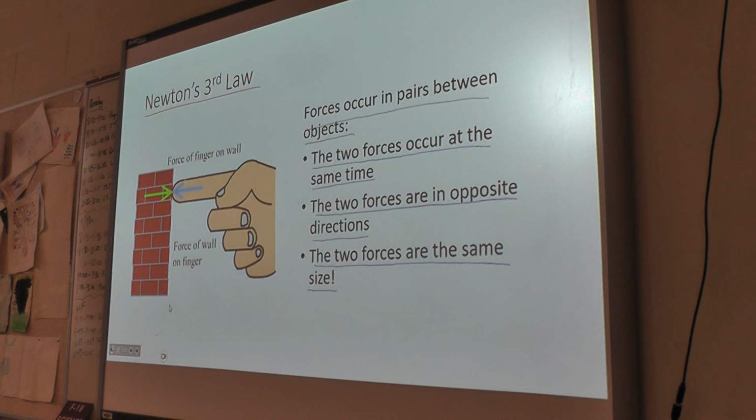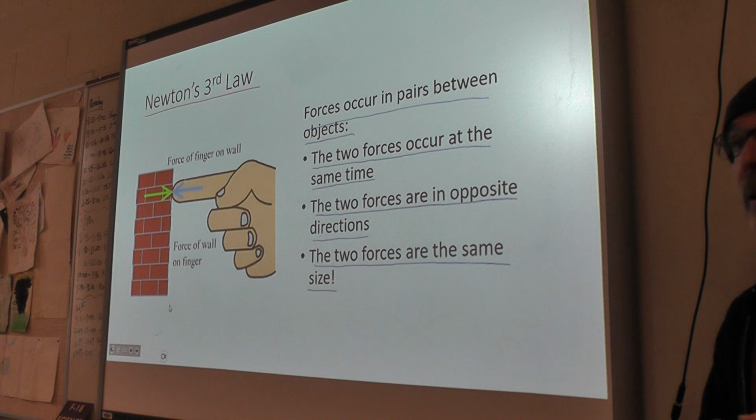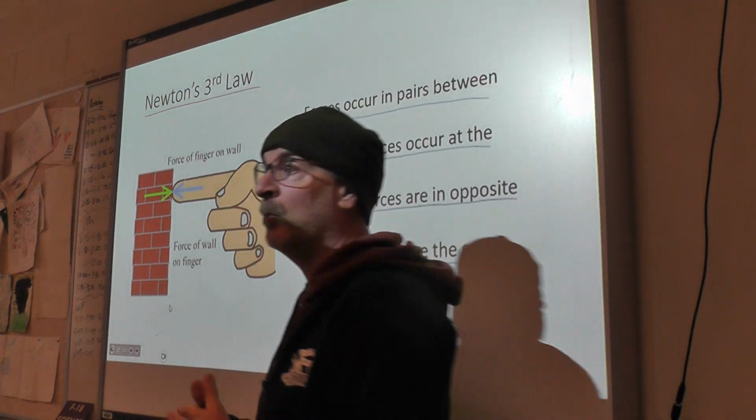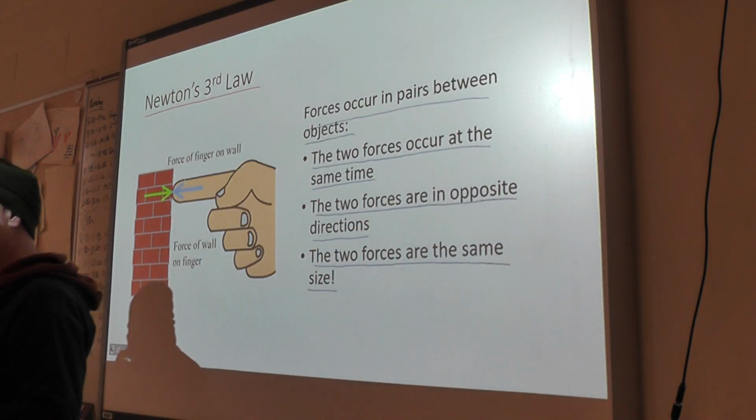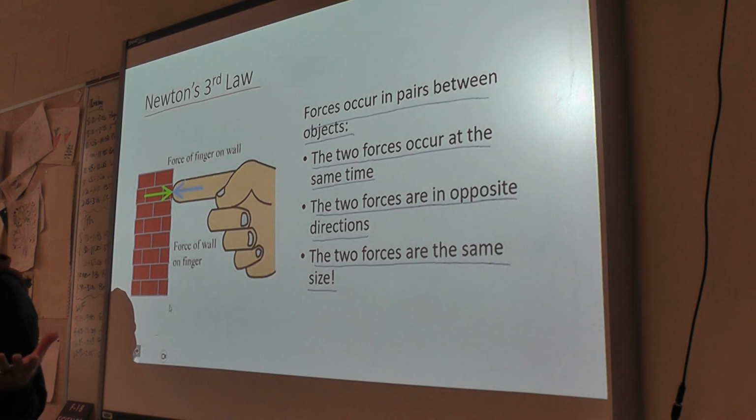Gravity is pulling on us. Gravity is caused by the Earth's mass. We are pulling on the Earth at the same time, in the opposite direction, with an equal force. The Earth is pulling on me with a force of about 700 newtons, which is about 145 pounds.